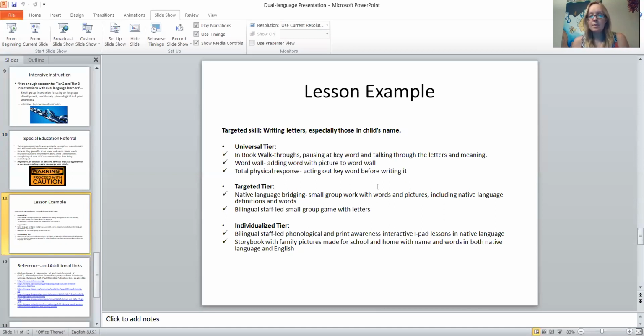And then the third individualized tier would be, again, having the bilingual staff-led, when possible, 100%, so awesome when you can have that, phonological and print awareness interactive iPad lessons that my Spanish language interventionist teacher had made for them in their native language.